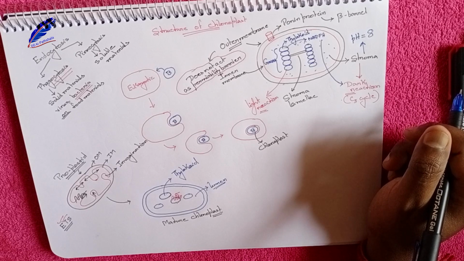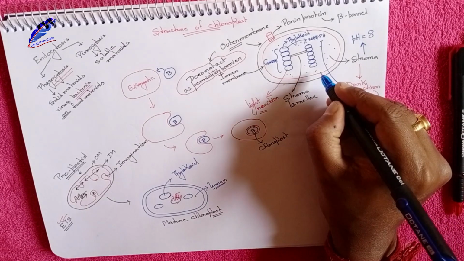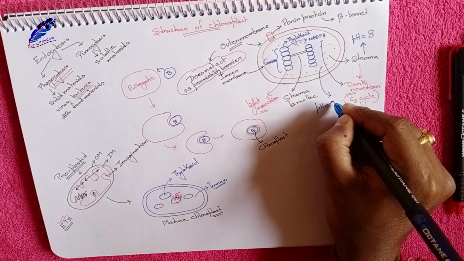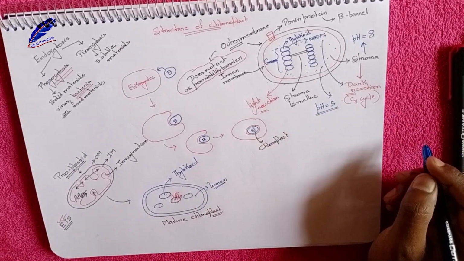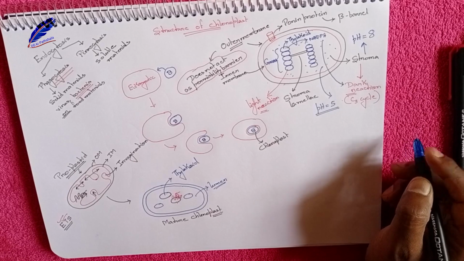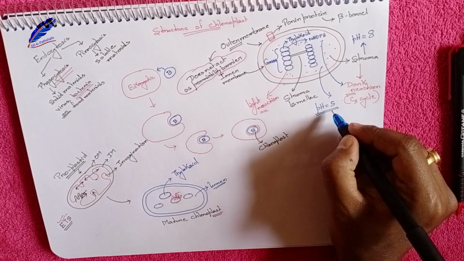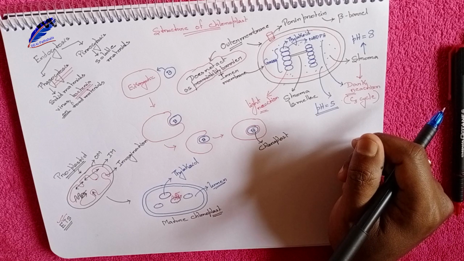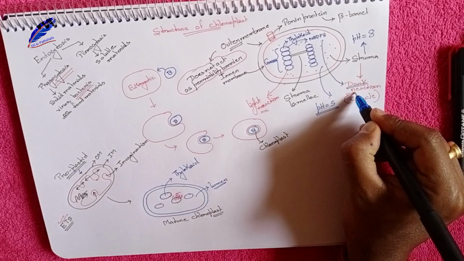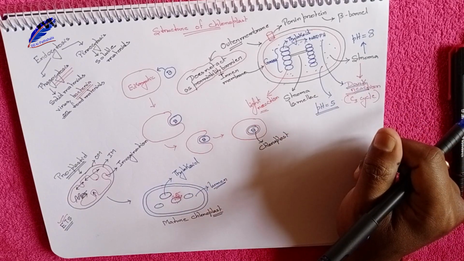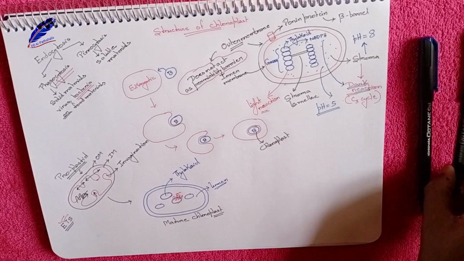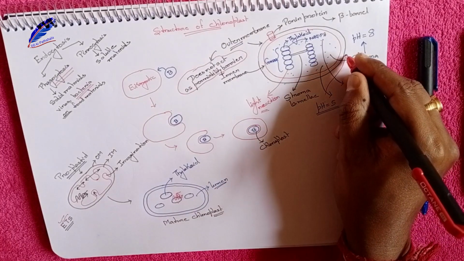But generally the pH of the stroma remains in the acidic range, that is pH 5. Under normal conditions the pH of the stroma is acidic. Now when the dark reaction of photosynthesis is to be conducted, the pH of the stroma should get shifted from pH 5 to pH 8.